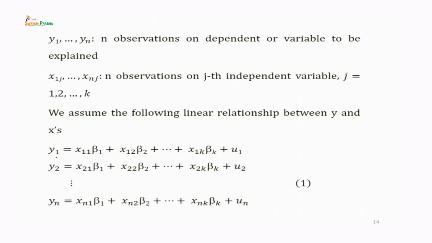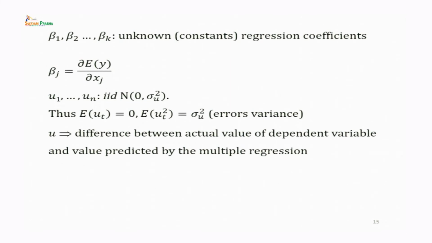So, you have n observations on y, then y1 is equal to x11 beta1 plus x12 beta2 plus so on plus x1k betak plus u1, and so on. So, you have this set of n equations.